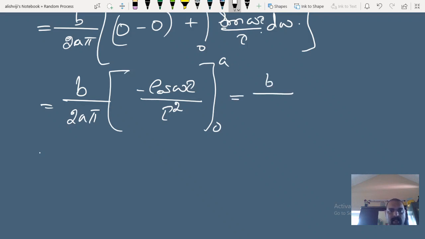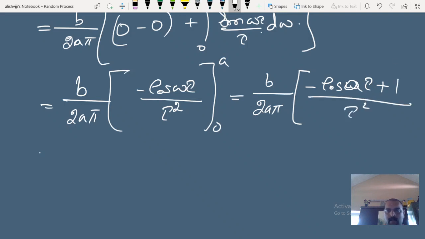This is b by 2a pi into the upper limit, minus cos omega tau. Omega is the variable of integration, so omega is replaced with a, so a tau, minus cos 0, which is 1, so minus of minus becomes plus 1, divided by tau square.